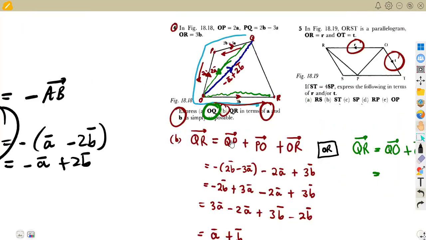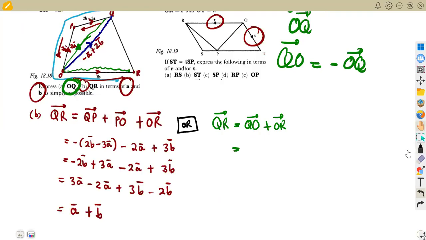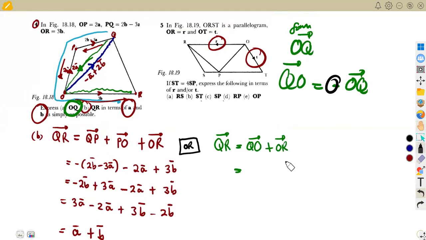Meaning to say, from vector OQ, the one that we calculated before, we can find the vector QO by multiplying it by a negative. Or you use this information from the diagram. The diagram does not lie. It tells you directly. The arrow is facing this way as we are moving this way, so we oppose.